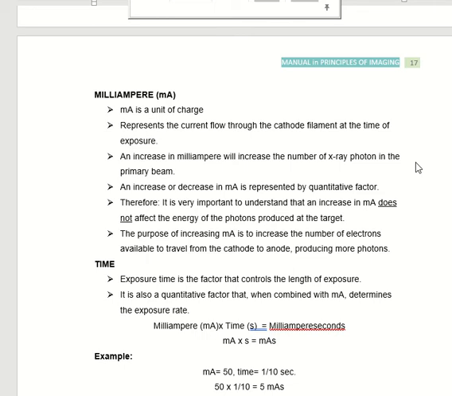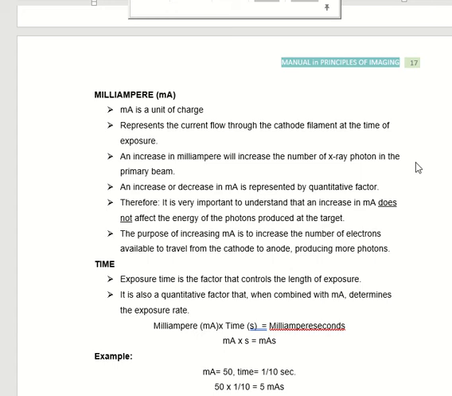So, proportional. When the number of electrons increases, there will also be an increase in the number of X-ray photons produced. And when there is an increased number of X-ray photons produced by the X-ray tube, specifically from the anode, there will also be an increase in patient dose.